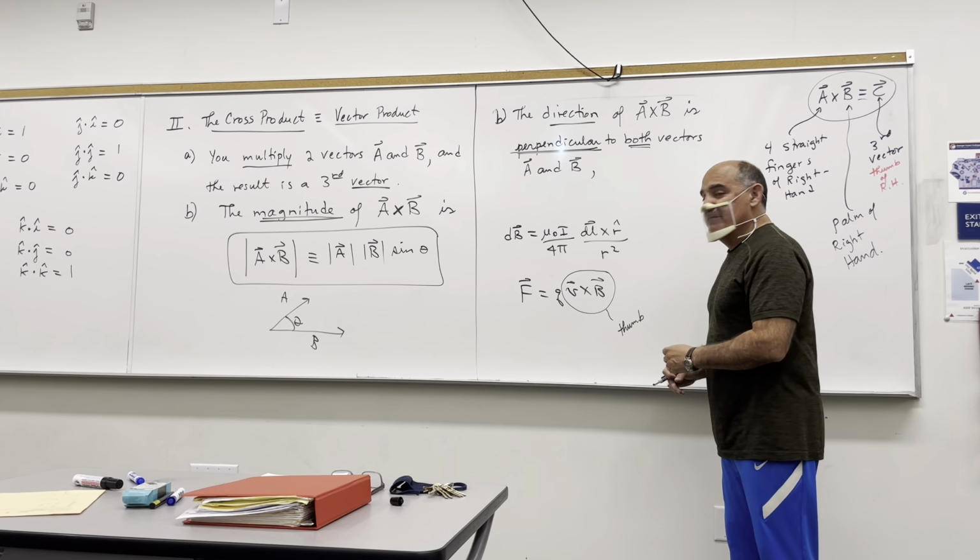We're going to write a formula like this. In this case, the length of something is always a positive quantity. So, four fingers, palm, thumb. We're going to write something like this. Four fingers, palm, thumb. Right?